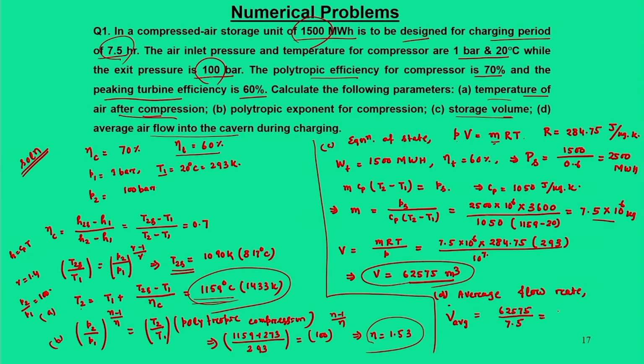This turns out to be 8343 meter cube per hour. Okay, so this is all about this problem, which is based on this compressed air storage unit.